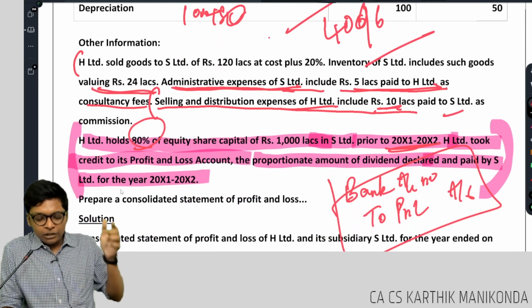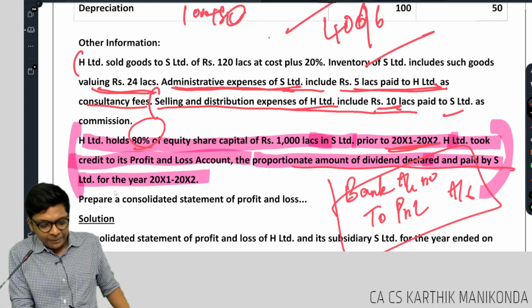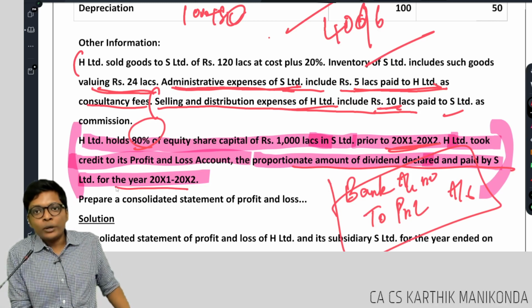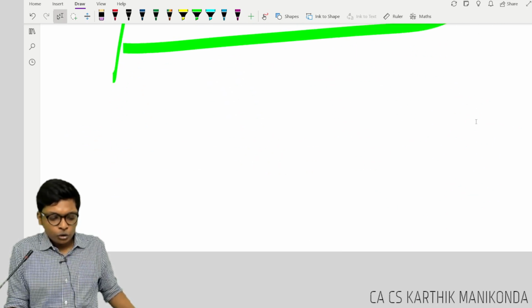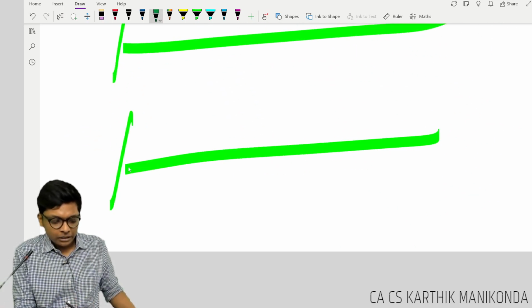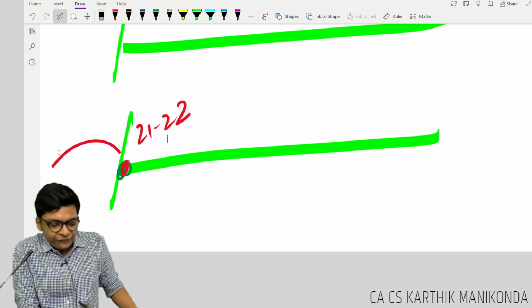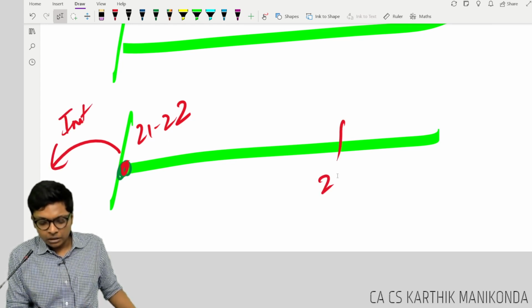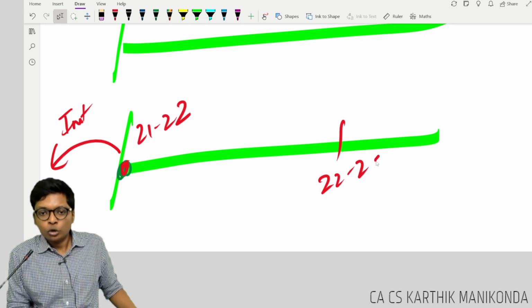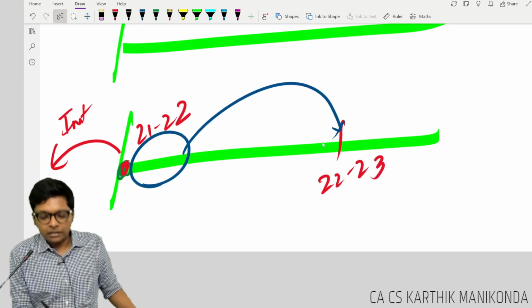That means the dividend declared and paid by S is for the year 21-22. So you purchased, this is 21-22, before this the investment took place. I am in the year 22-23. For this year, I am getting dividend.